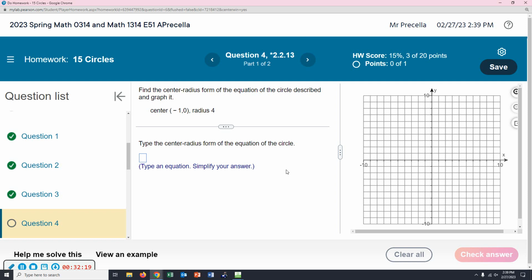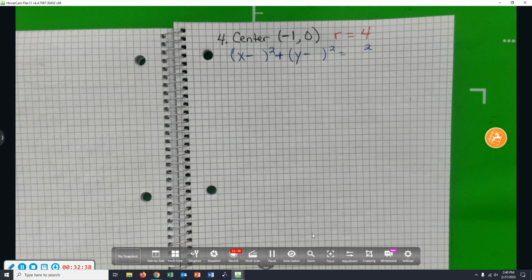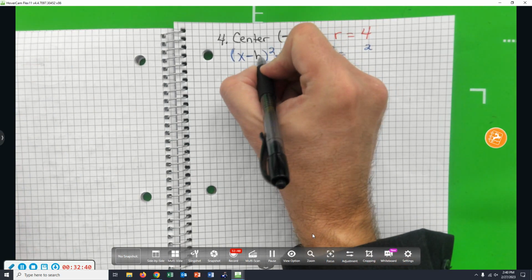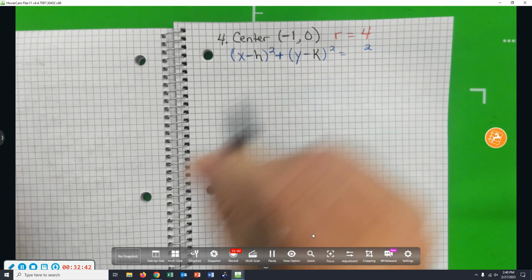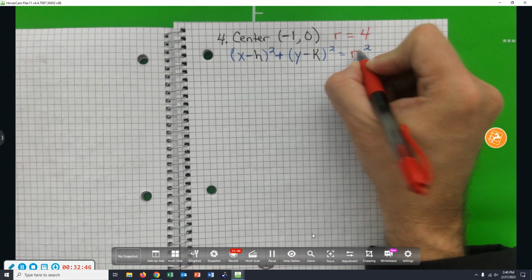Well, since I don't have the x minus h squared plus y minus k squared staring me in the face, since I've switched to a new page, I'll write it down. X minus h squared plus y minus k squared equals the radius squared.